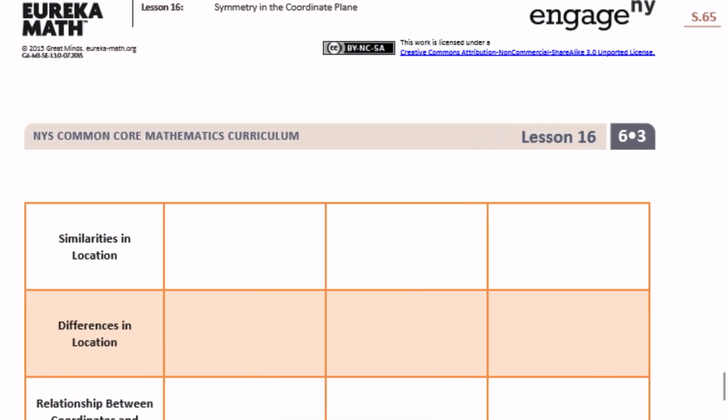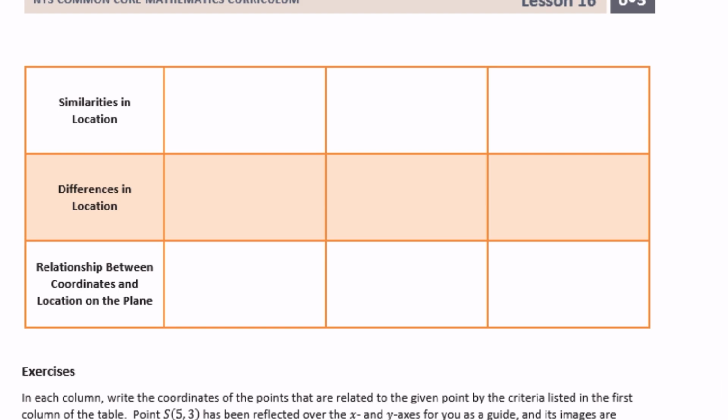So we can say that both are 4 units above the x-axis and 3 away from the y-axis.